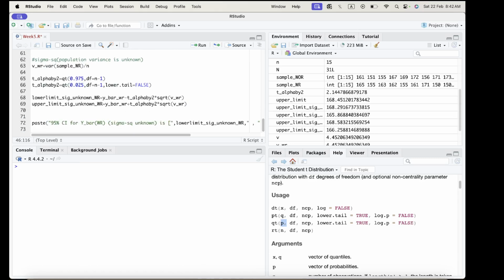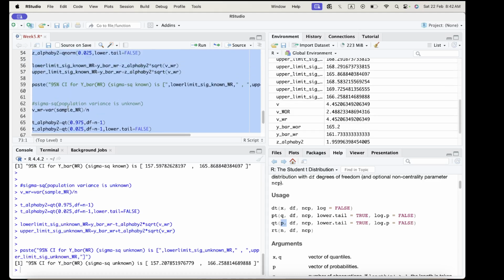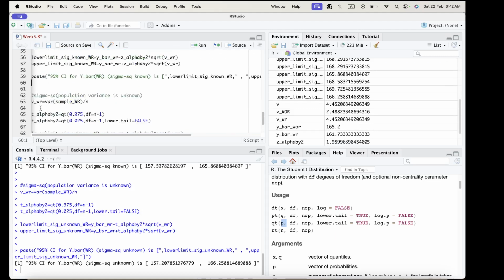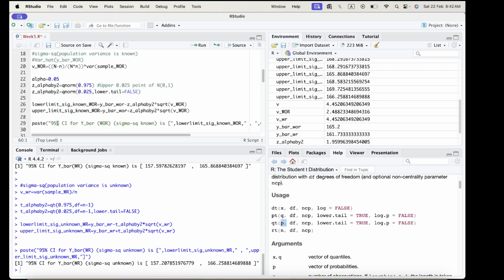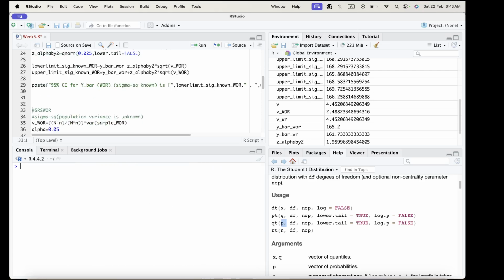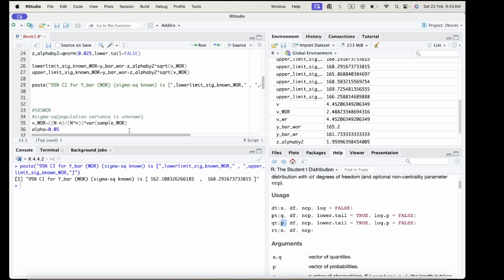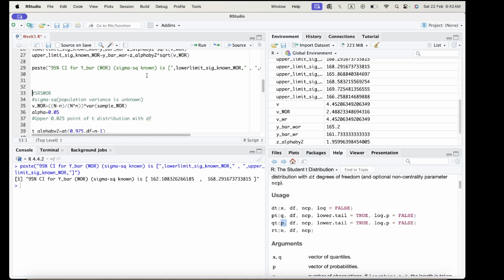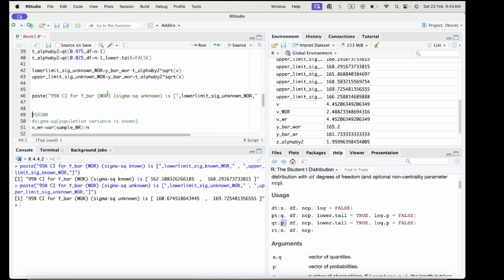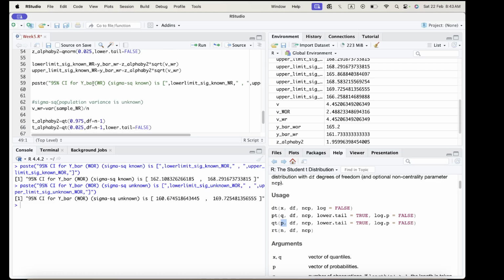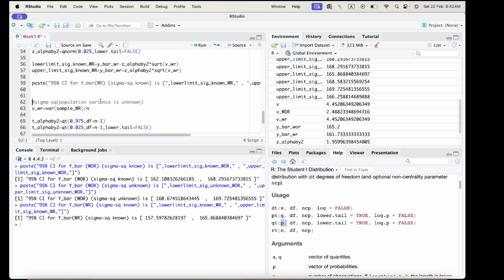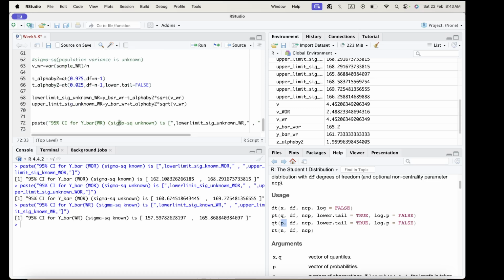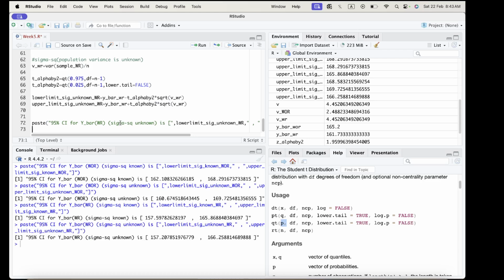So if I just clear this and run all of this together, and then combine the paste lines and try to write it, this is without replacement sigma square known, this is without replacement sigma square unknown, this is with replacement sigma square known, and this is with replacement sigma square unknown.